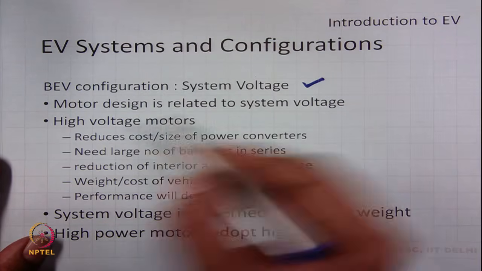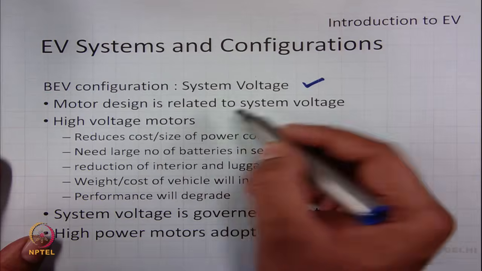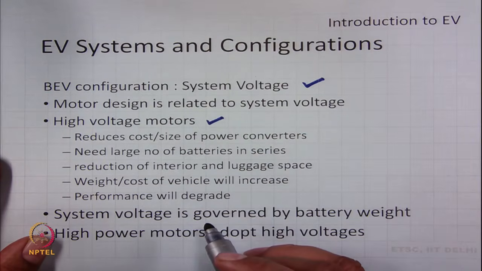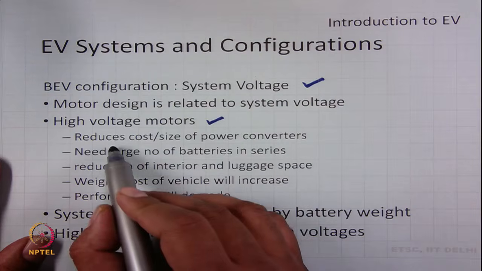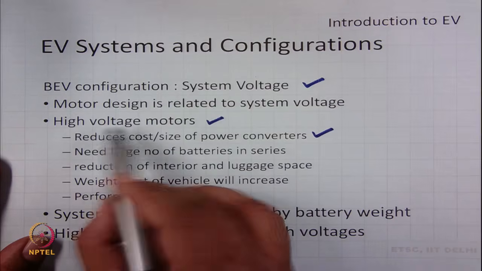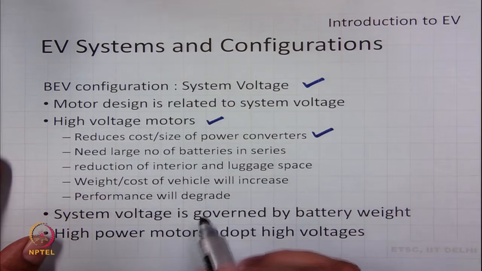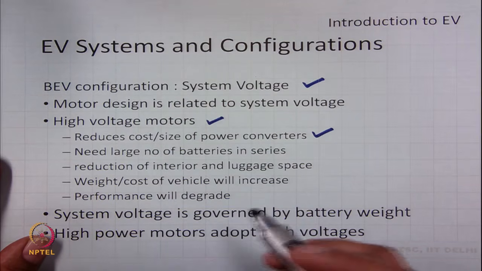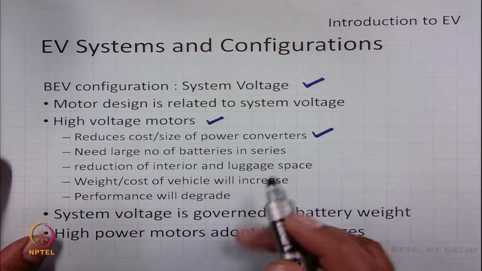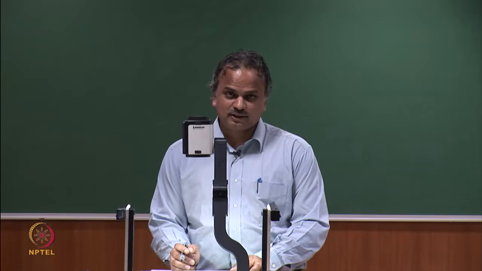If we use high voltage motors for any application, it means reduced cost and size of power converters, because high voltage allows low current design, which means the torque requirement can be obtained by low currents or low physical conductor size of the windings.